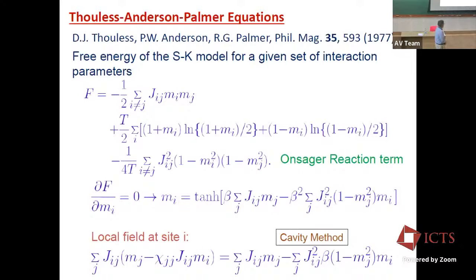Yeah. So one thing that people have done, including I have done a long time ago, is that you can calculate these m_i's in a simulation, for some short time average. So you start with some initial value of the sigmas in your Monte Carlo simulation, go to some low temperature, and calculate the spin averages over a certain period of time, and then put that back in here to see whether these equations are satisfied or not.